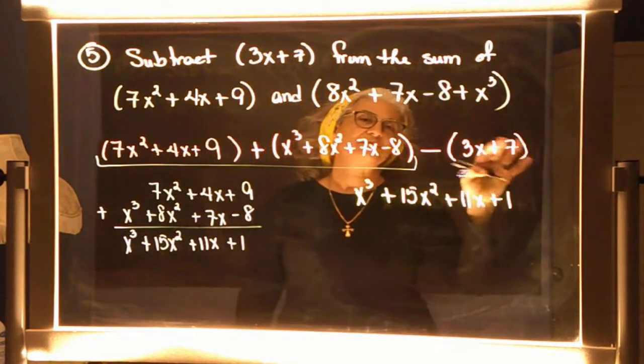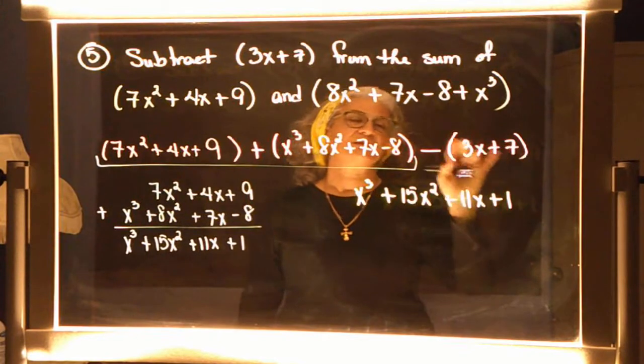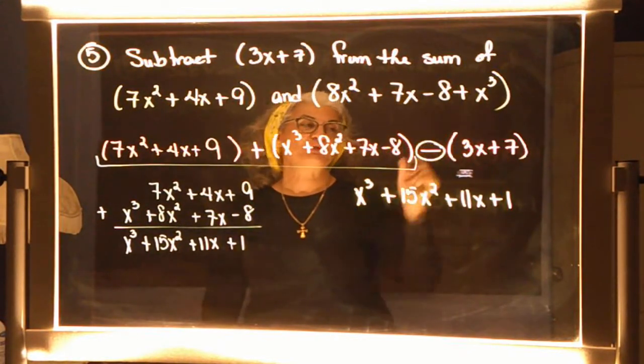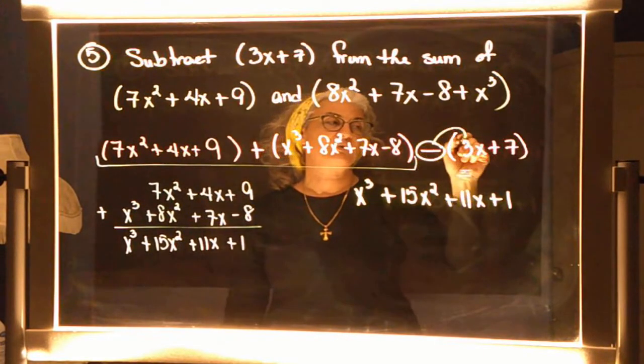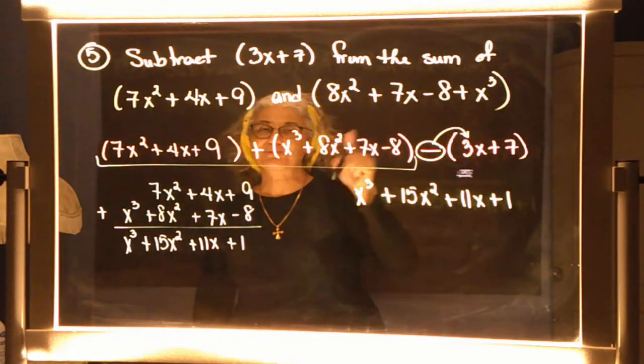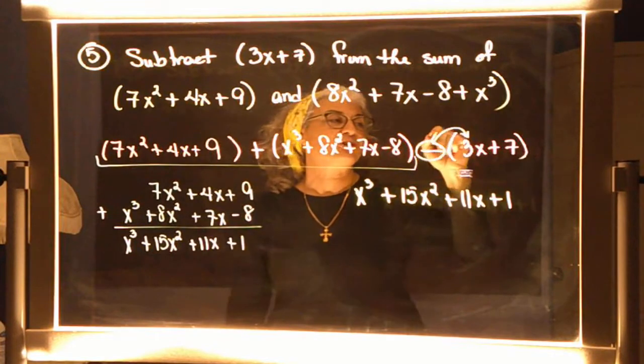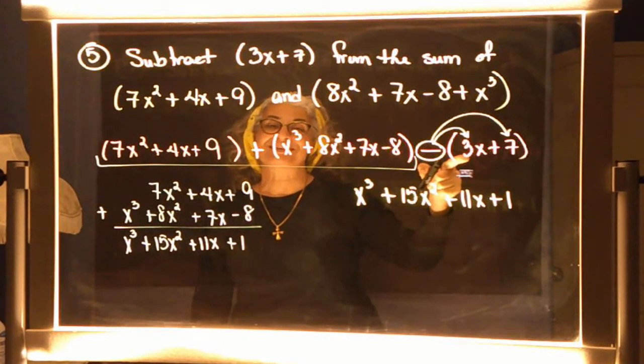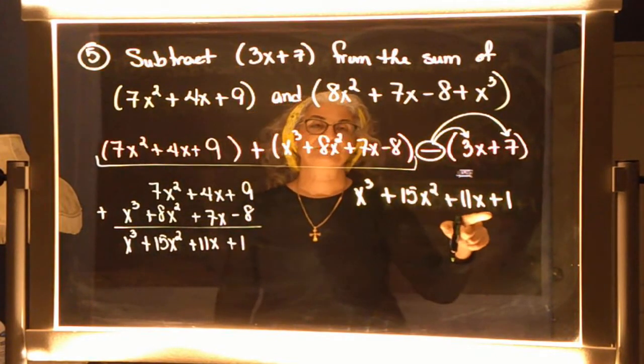Okay, how many terms are inside? 2. And there's a subtraction sign out front. So does that subtraction sign just go with the 3x? Great, good job guys, it doesn't. It also goes with that 7. So this 3x is what sign? Good, negative. And what do I put it under?